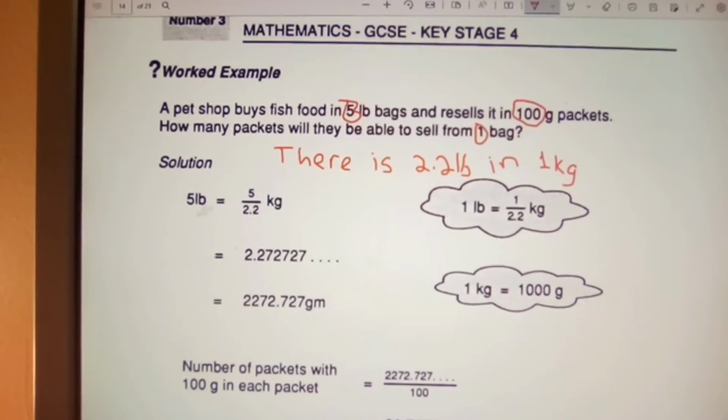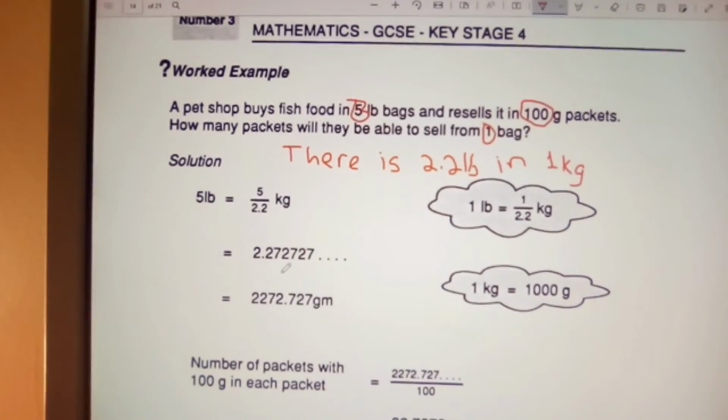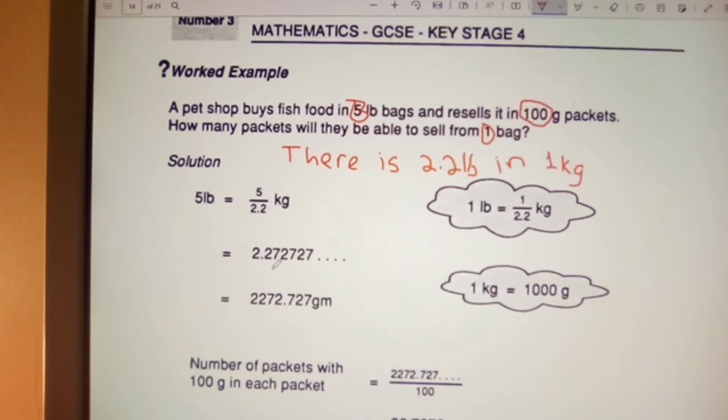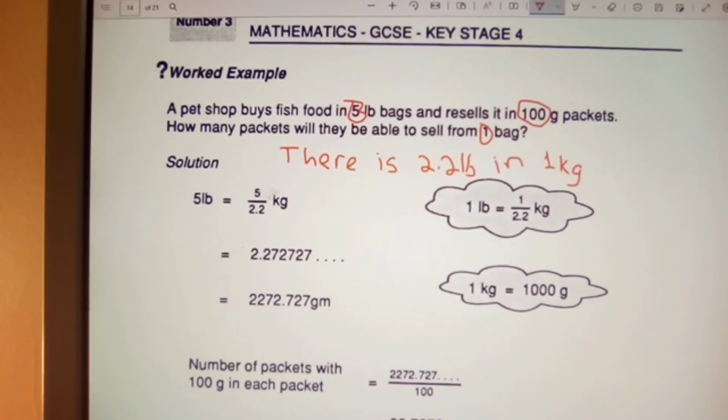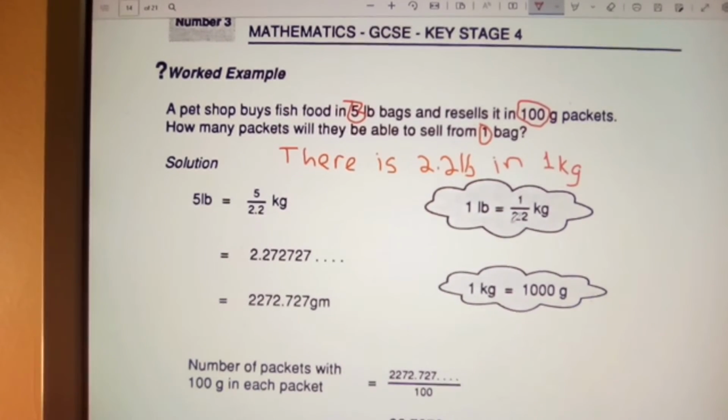Okay, don't forget that. So here we have now 2.272727 repeating, or you can look at this from the perspective of 1 kilogram divided by 2.2.